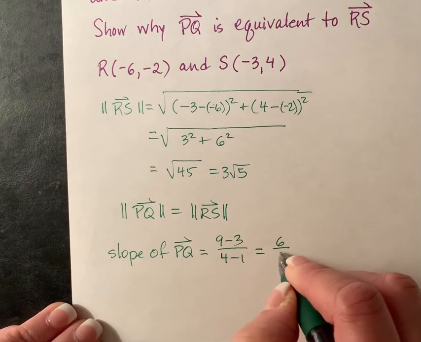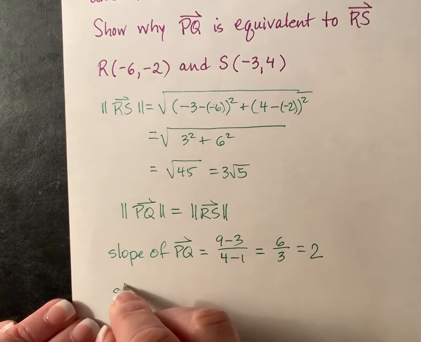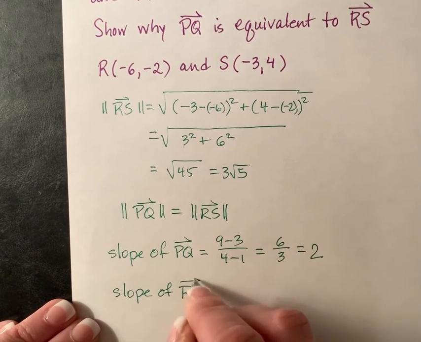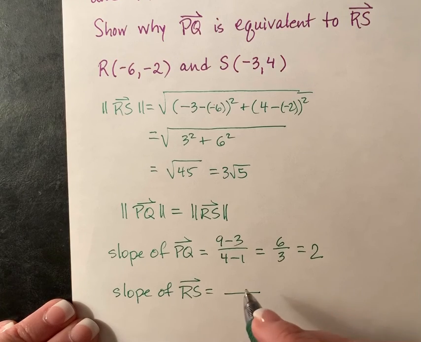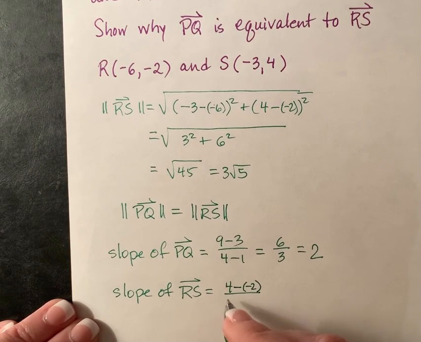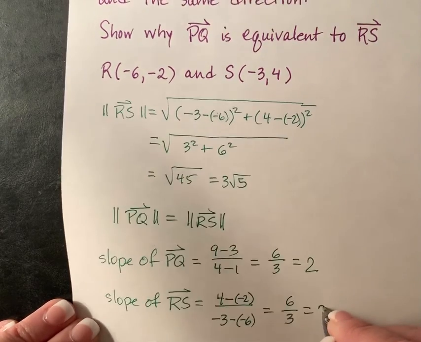So that would be 6 divided by 3, and that would equal 2. And then if I do the slope of RS, the same idea, y2 minus y1, so that would be 4, subtract negative 2, and then x2 minus x1, negative 3, subtract negative 6, so that would be 6 divided by 3, and again, you wind up with 2.